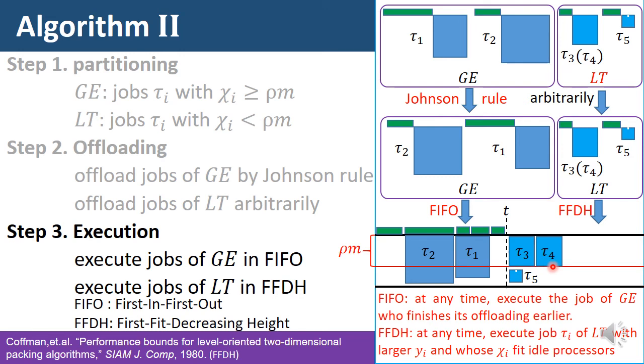That's because although tau 4 has a larger execution length than tau 5, at time t, tau 4 cannot fit the idle processors, but tau 5 does. So at this time, we first schedule tau 5, and then when tau 3 completes its execution, we can schedule the job tau 4.